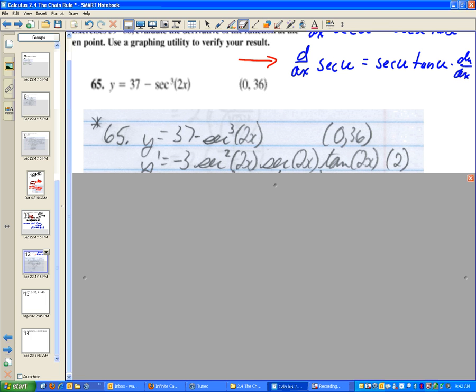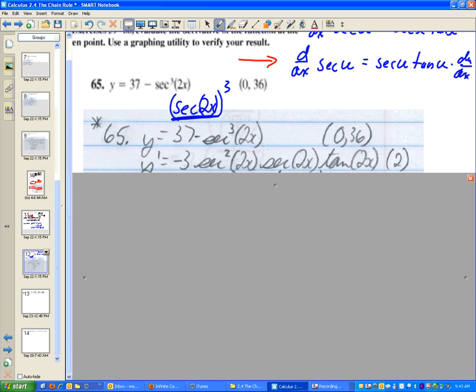Question. Why is u not secant? Because it's just not. What quantity is raised to an exponent? It's the secant of 2x that's raised to an exponent. So that's u.